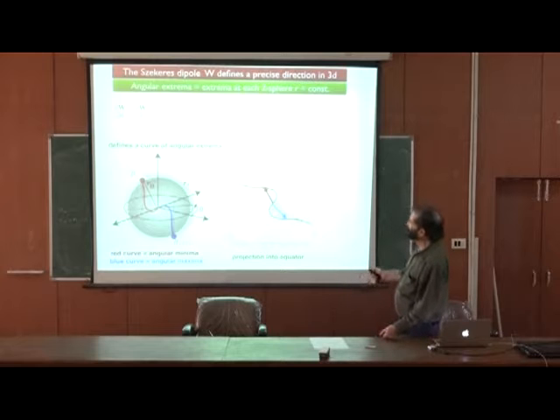This is a projection into the equator. This is a sphere of constant r, and the solution of this system determines a curve. What's the meaning of this curve? For each one of these two spheres, we have a direction. If you fix r, it gives you this direction and this direction.